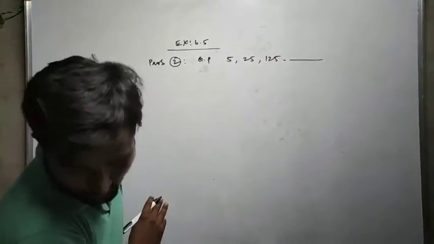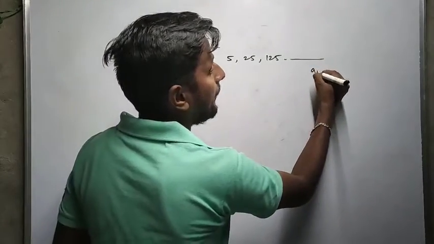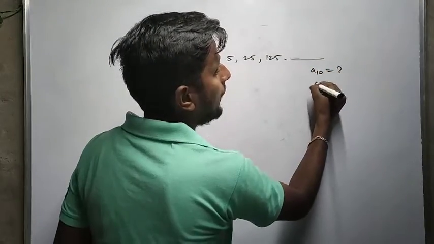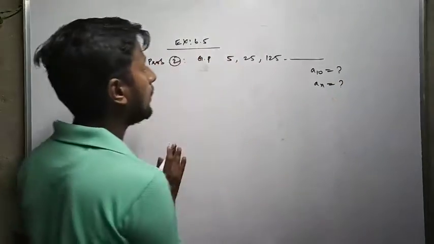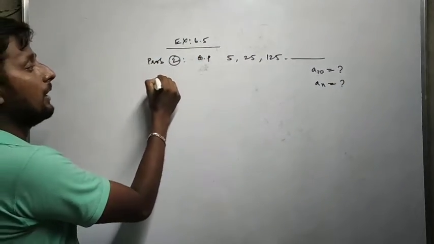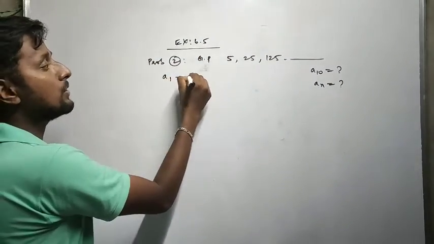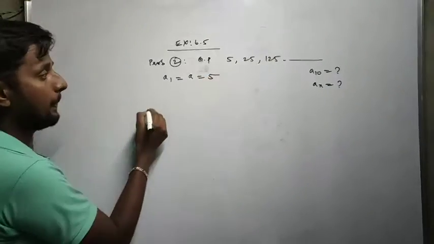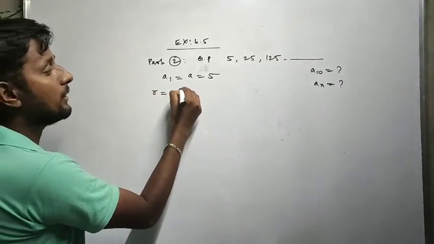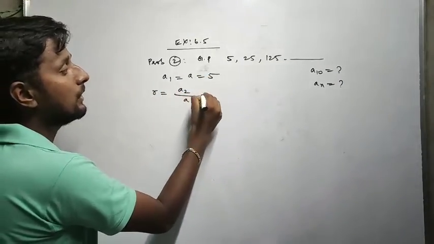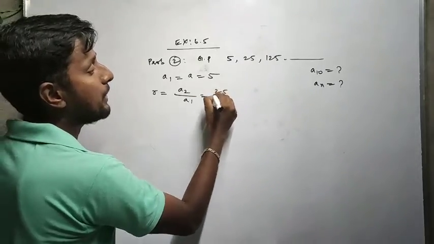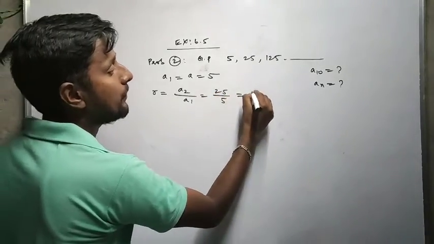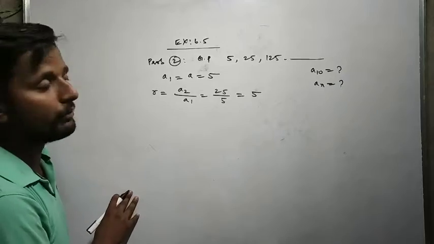It asks us to find A10 and the nth term both. Here A1 is equal to A, that is 5. So the common ratio R is equal to A2 by A1, that is 25 by 5. The overall answer is 5. The common ratio here is also 5.